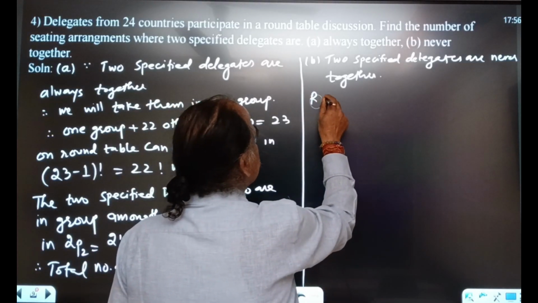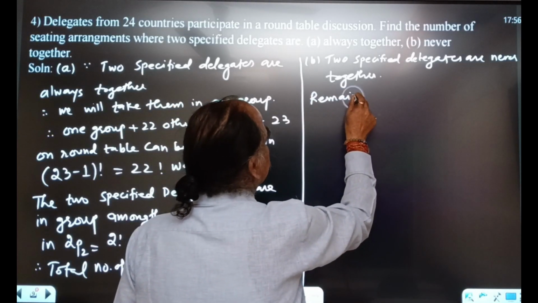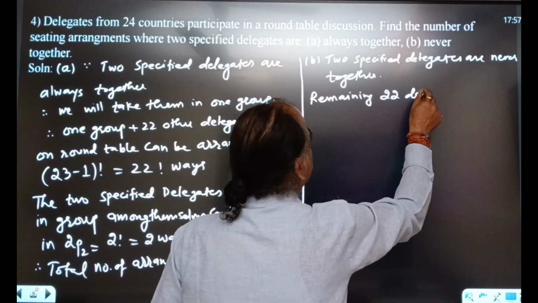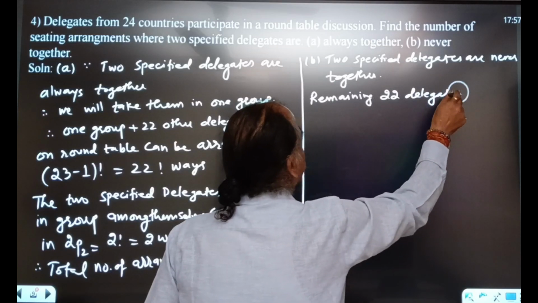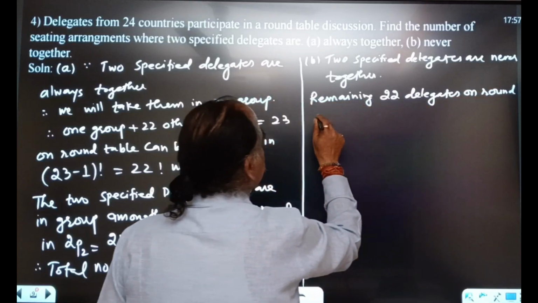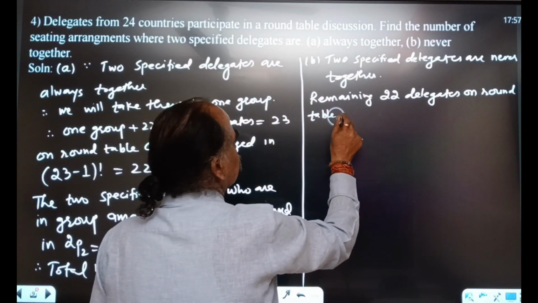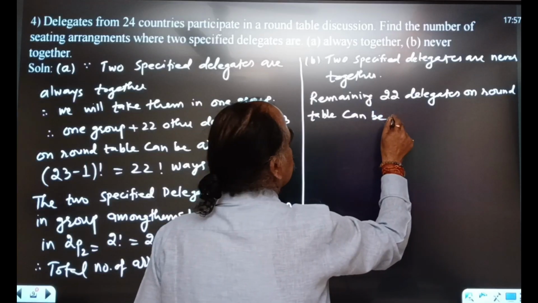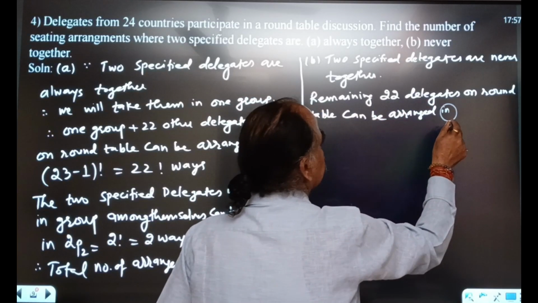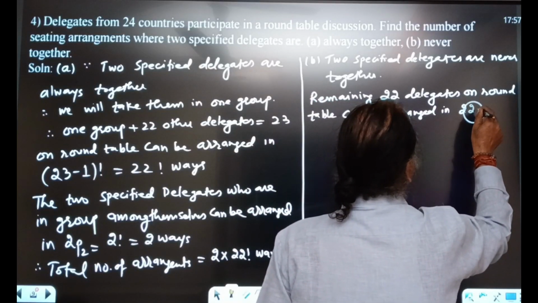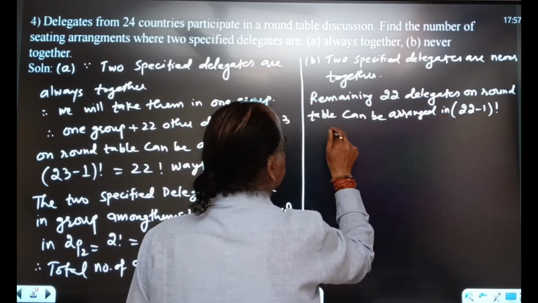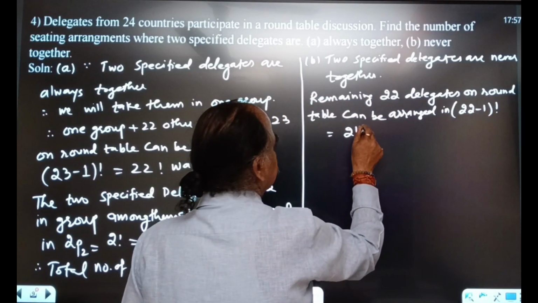So remaining 22 delegates on a round table can be arranged in 22 minus 1 factorial, which is equal to 21 factorial ways.